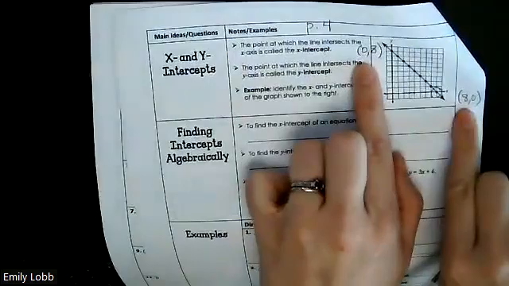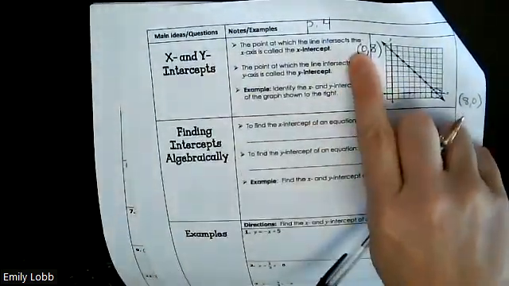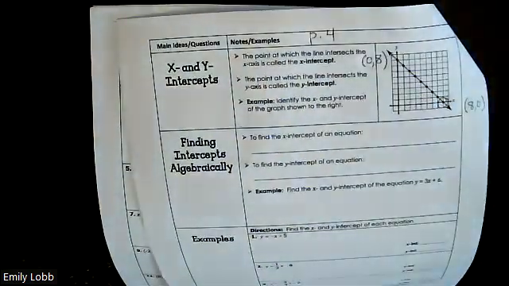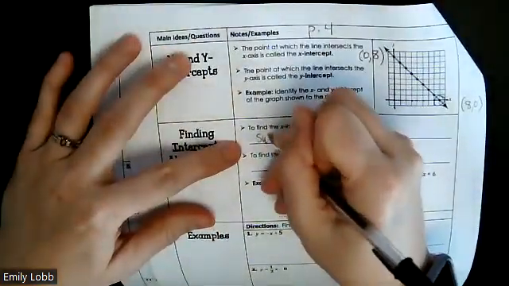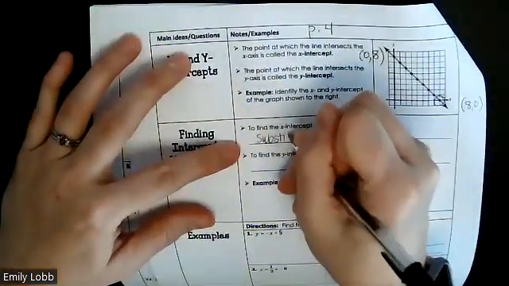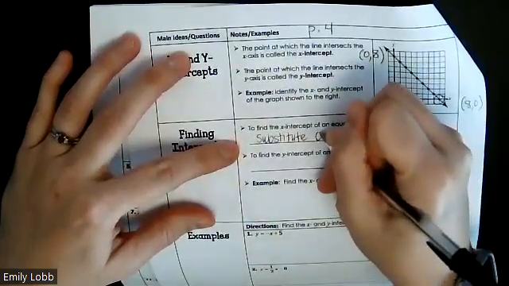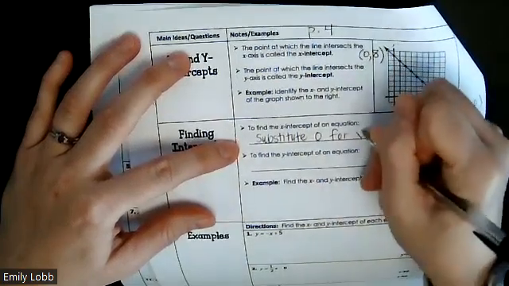But notice how they're written. The y-intercept, x is 0. And the x-intercept, y is 0. So to find the x-intercept of an equation, we're going to substitute 0 for y.